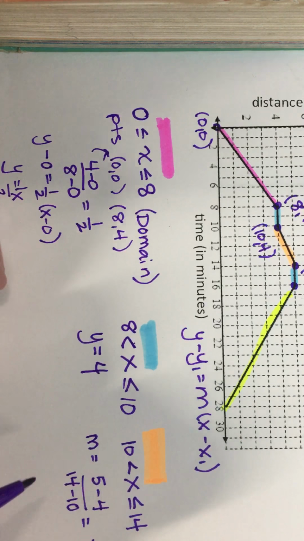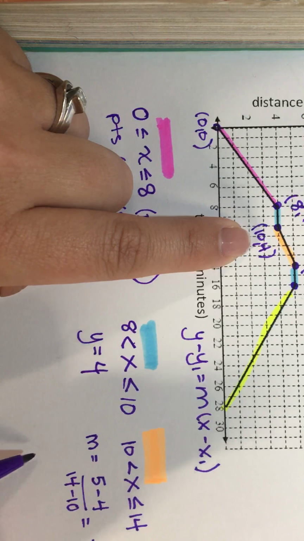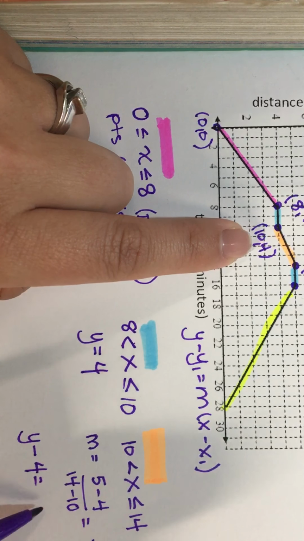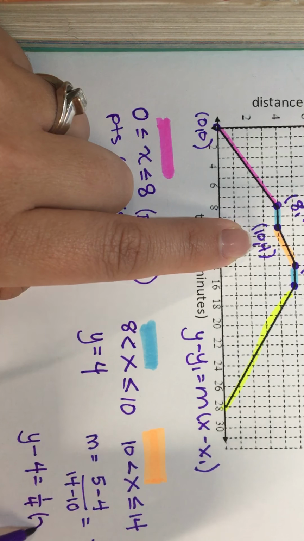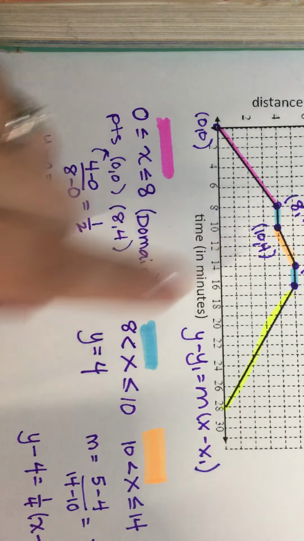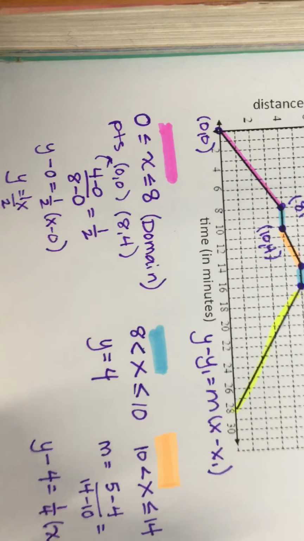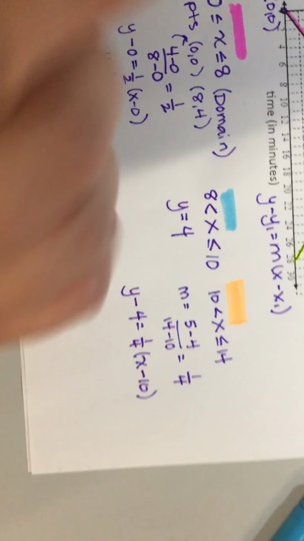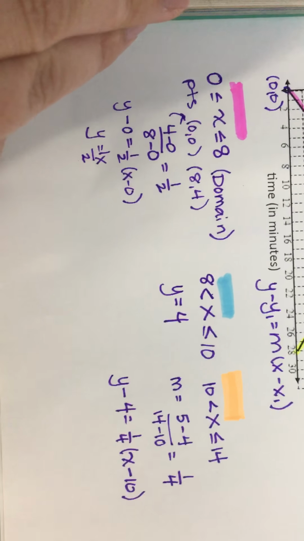And then I'm going to use one of my points, so let's use the point 10, 4. So y minus 4 equals 1/4 times x minus 10. Now remember, this is our equation. You don't have to simplify, you don't have to put it into a different formula or anything. You're just going to leave it like that.